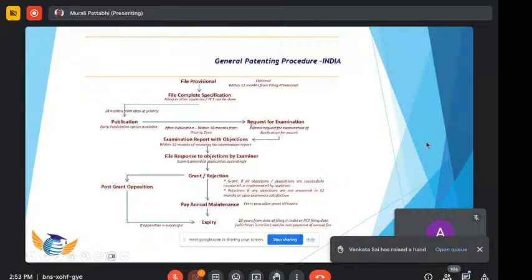Once you file for request for examination, normally the patent office would have, suppose for example, my invention is in IoT. Maybe the patent office might already have 1 lakh applications in IoT, and now if I file for a request for examination, the application will be 1 lakh 1. My serial number will be 1 lakh 1.